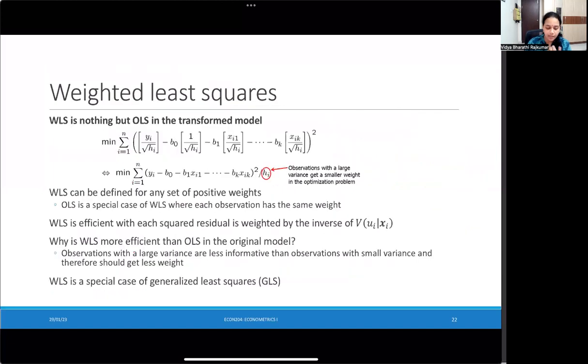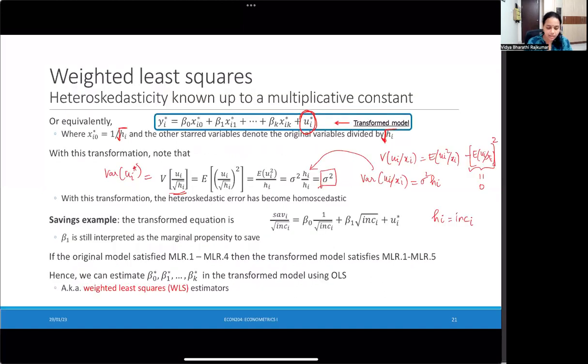So WLS is nothing but trying to minimize the sum of squared errors in the transformed model. Weighted least squares is when you run this transformed regression model, since any OLS regression involves trying to minimize the sum of squared error terms.